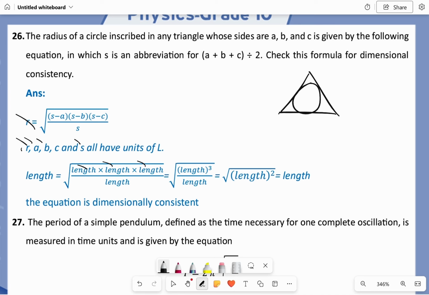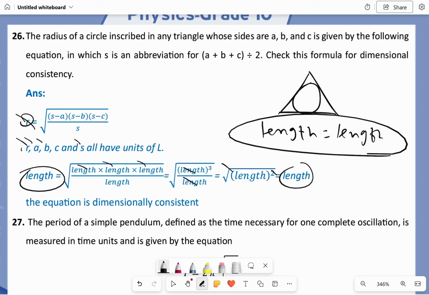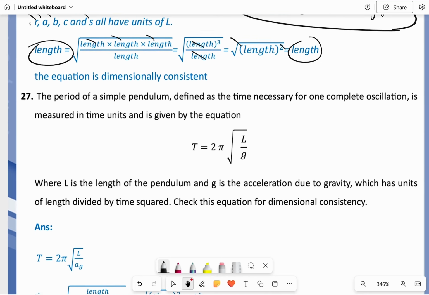All of these are the same, so they'll be 10 to the power of 3. This one cancels with this one, so you have 10 to the power of 2 remaining inside a square root. Square root goes with this one, so you only have length left. So you also had length here because it's r, so length is equal to length. The equation is dimensionally consistent.